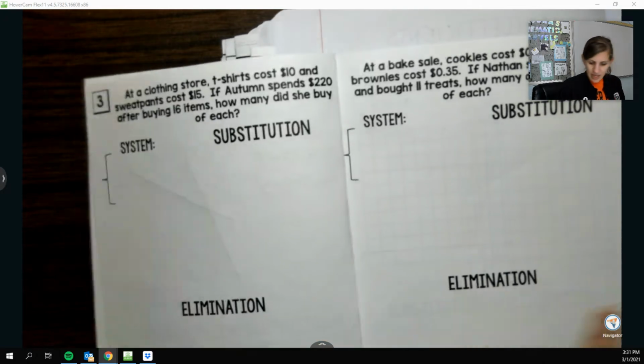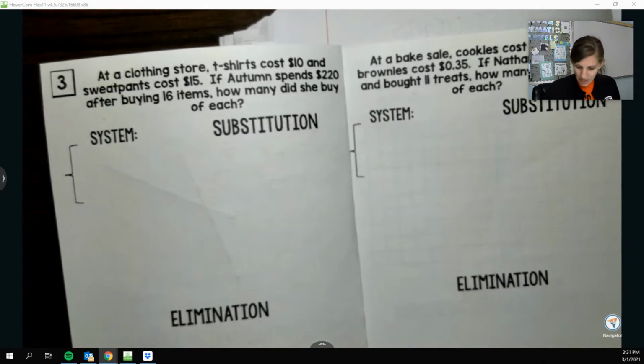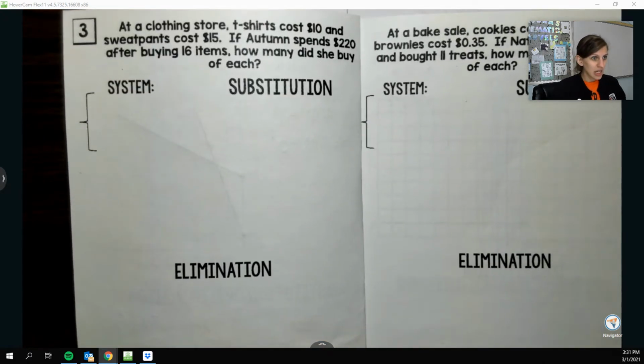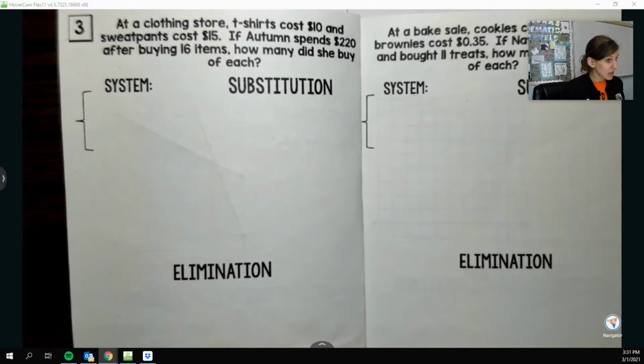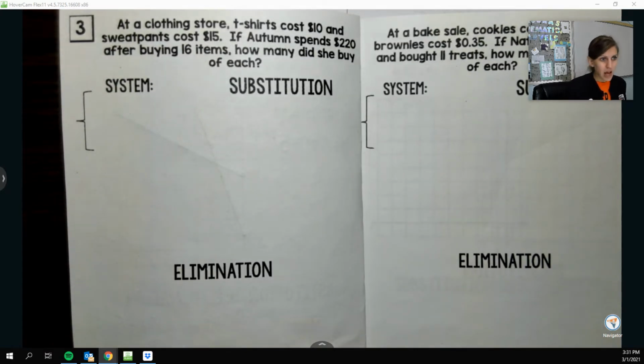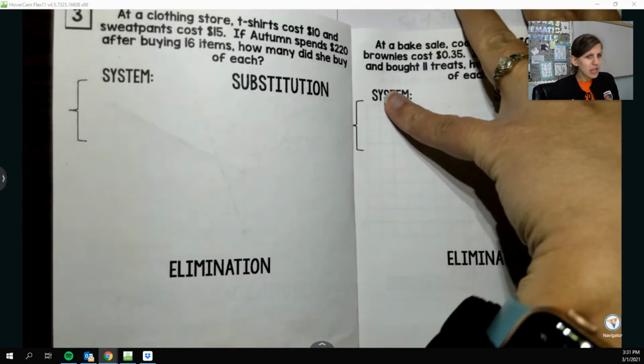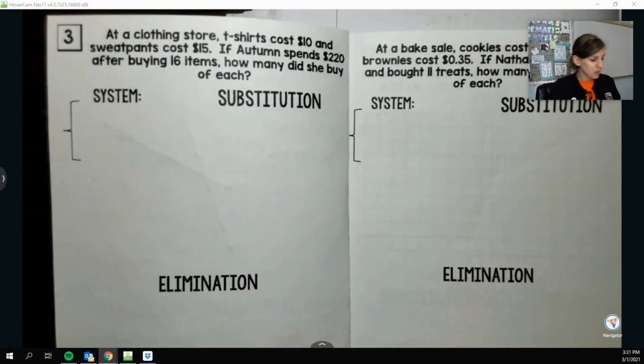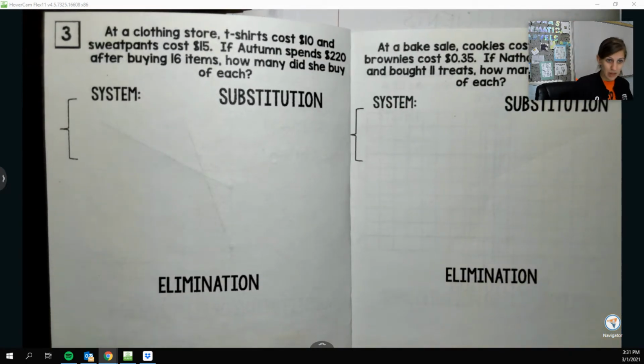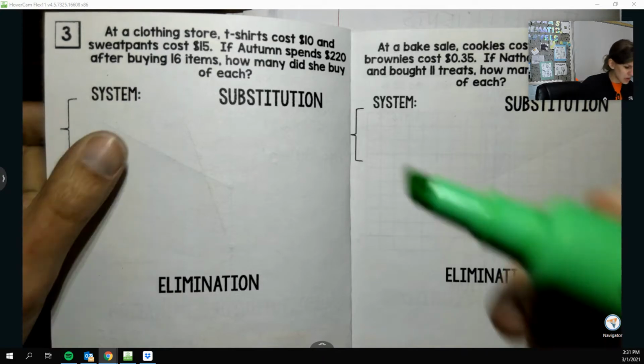On that third one, in a clothing store, t-shirts cost $10 and sweatpants cost $15. If Autumn spends $220 after buying 16 items, how many did she buy of each? So there's a lot of questions that are kind of like this, guys, where I think we kind of talked about one like this in the other video that I posted.